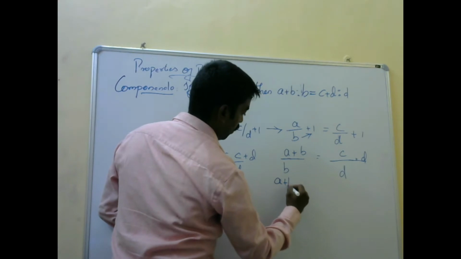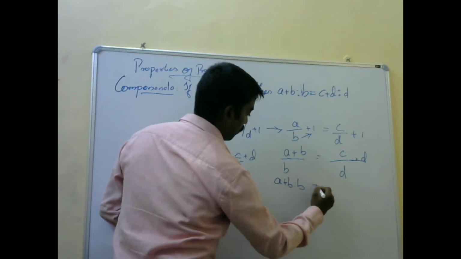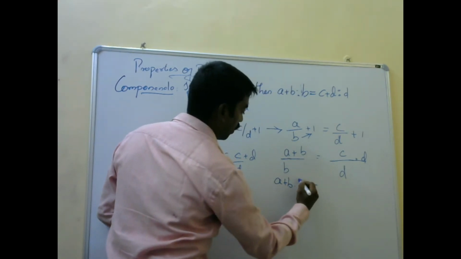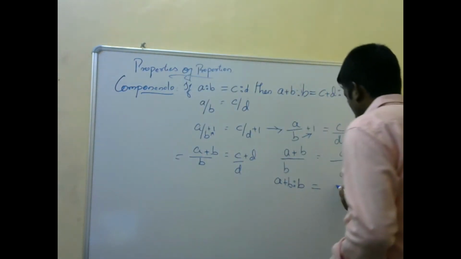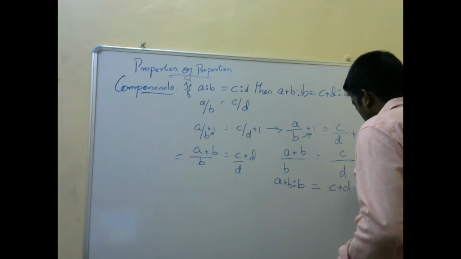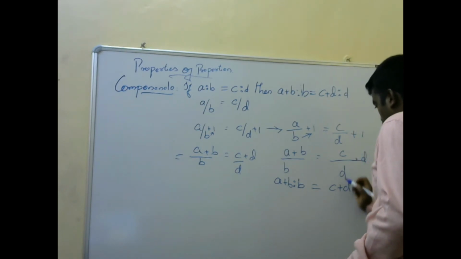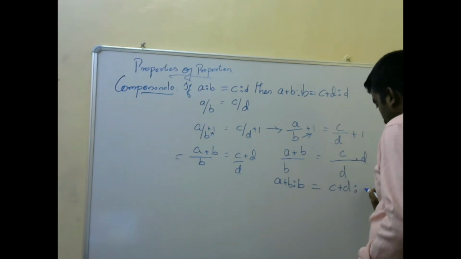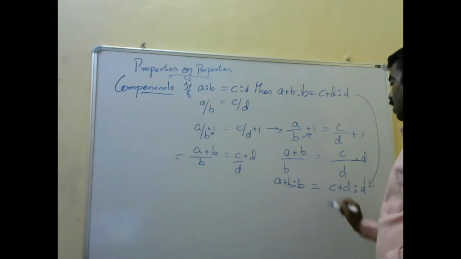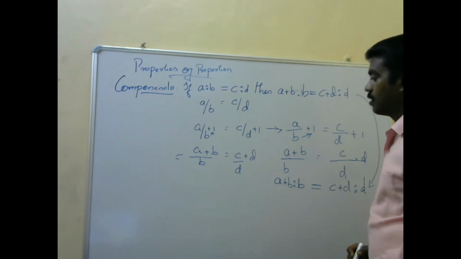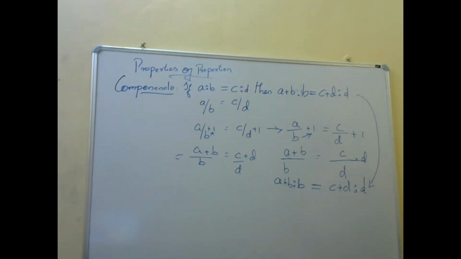A plus B is to B is equal to C plus D is to D. Are you satisfied with this? LHS is equal to RHS. Everyone can understand? Please note down this.